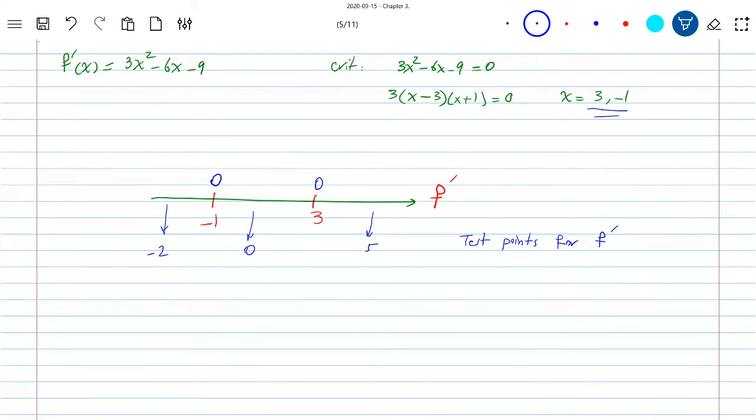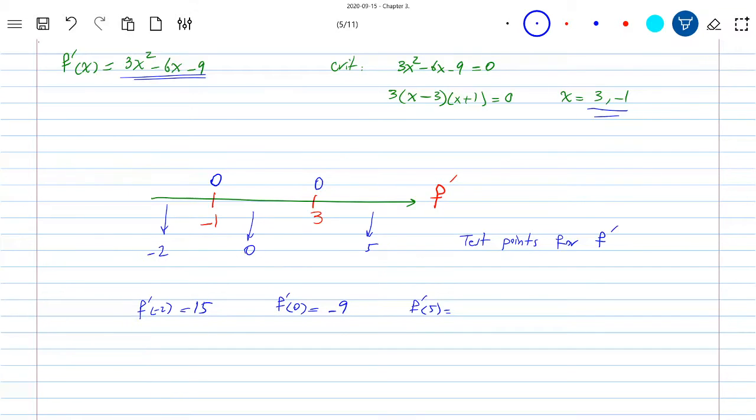Let's find out what is the derivative at -2, derivative at 0, derivative at 5. I want to find out the values of the derivative at those. If you replace -2 into the derivative here, what you get is 12 plus 12, 24 minus 9, 15. If you replace 0, you get -9.